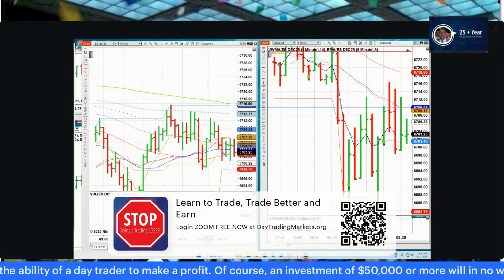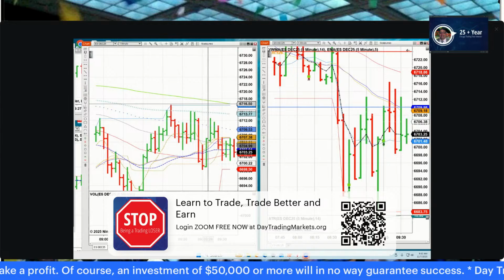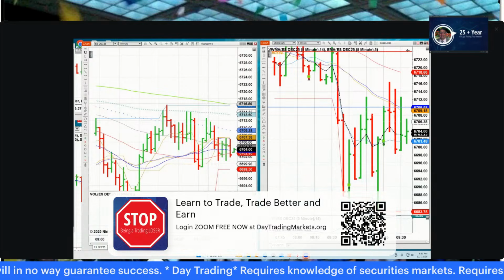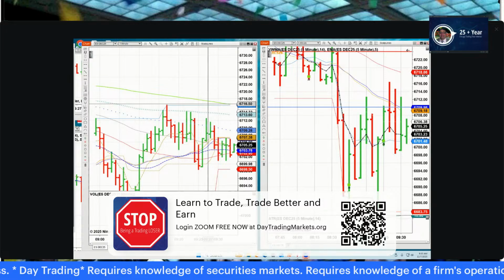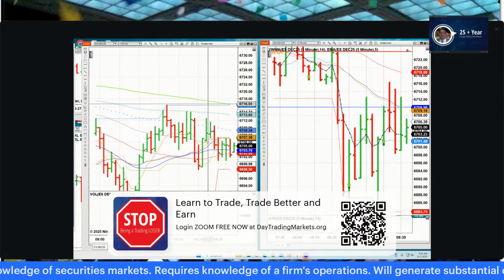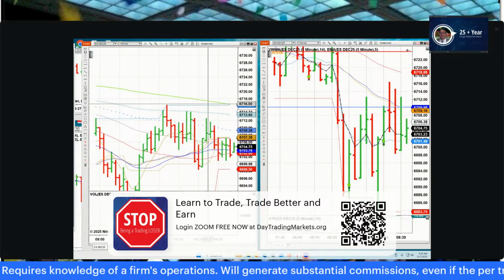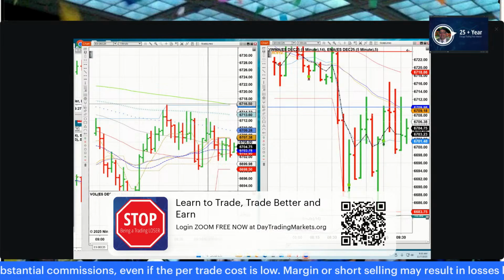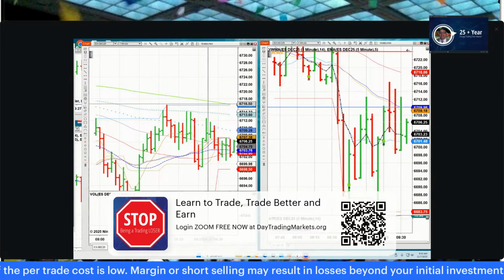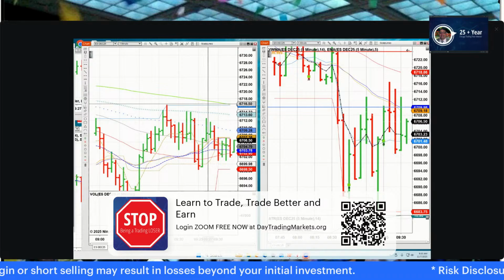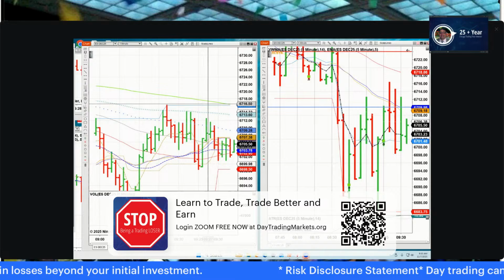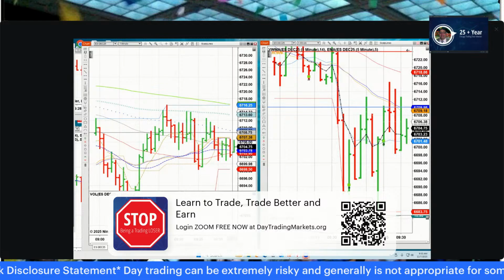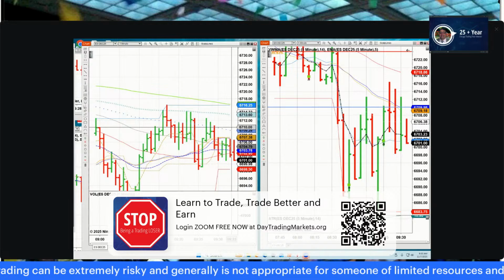That 12 was a good target area. I'm sitting right in this zone right about here, this 875 to 9 area.